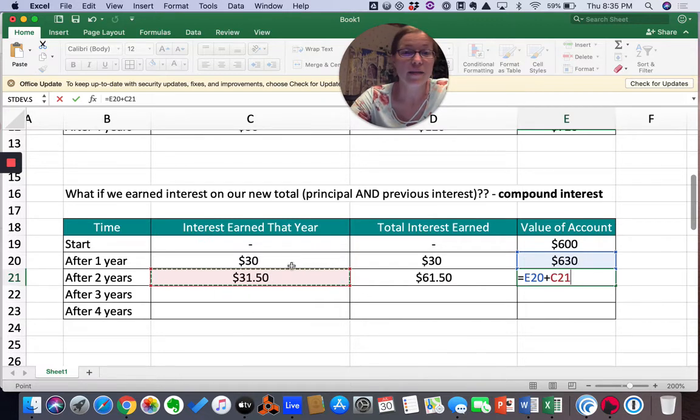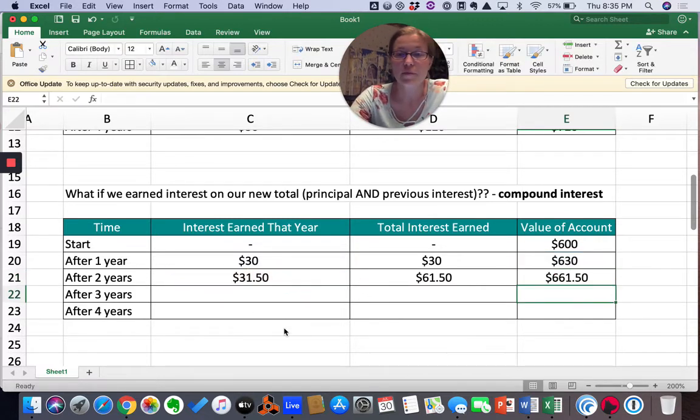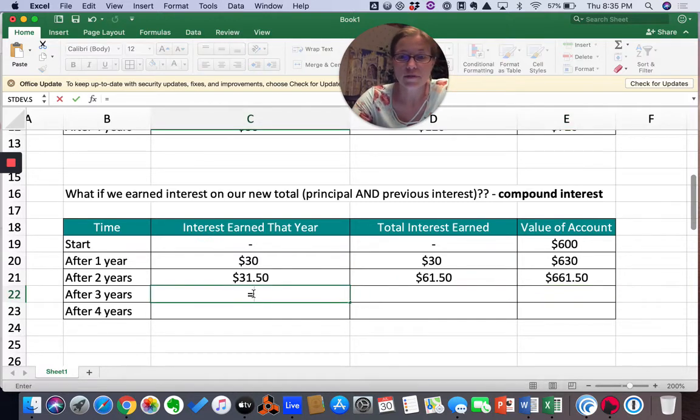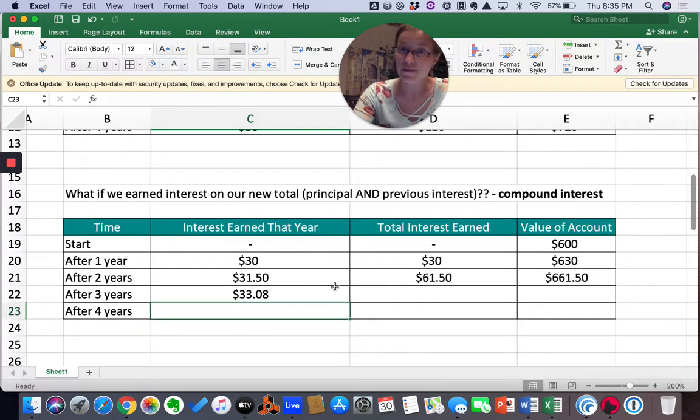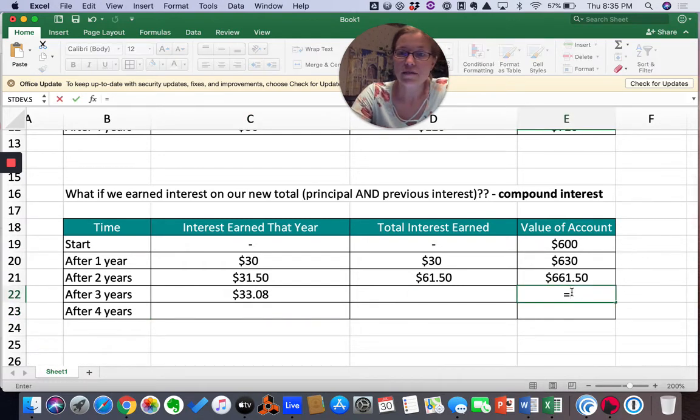Previous amount and the interest that I earned that year. And that's how much my account is worth. The next year equals, we take our previous total in our account, so I click on that square, times the 5% interest, and that's how much interest we make that year. So that means that our account value is our old total plus the interest we made that year.